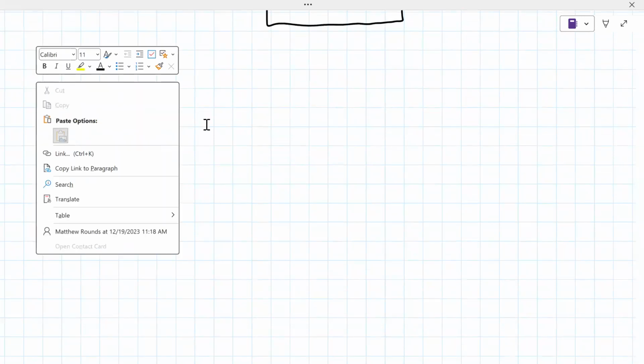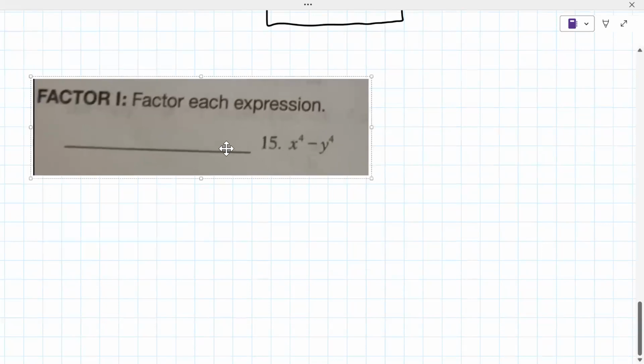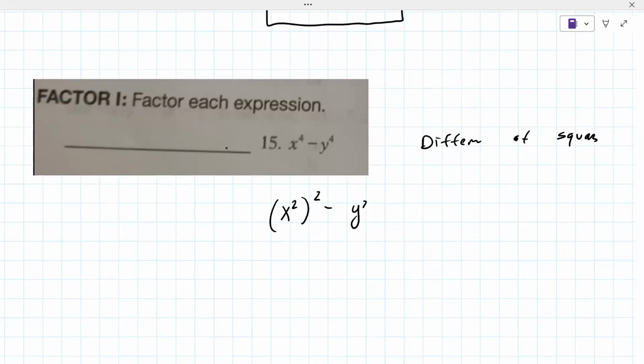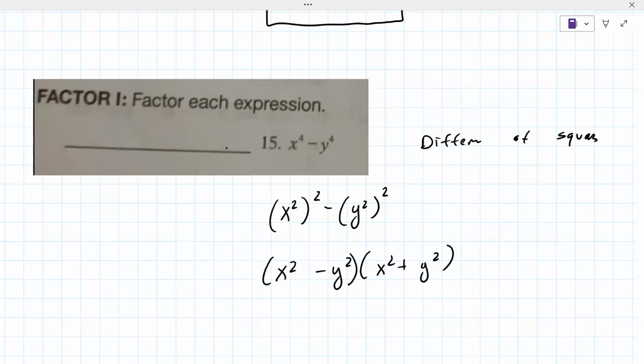Ready to look at 15? All right, so 15 is a difference of squares. It's really x squared squared minus y squared squared. It's really x squared minus y squared times x squared plus y squared.